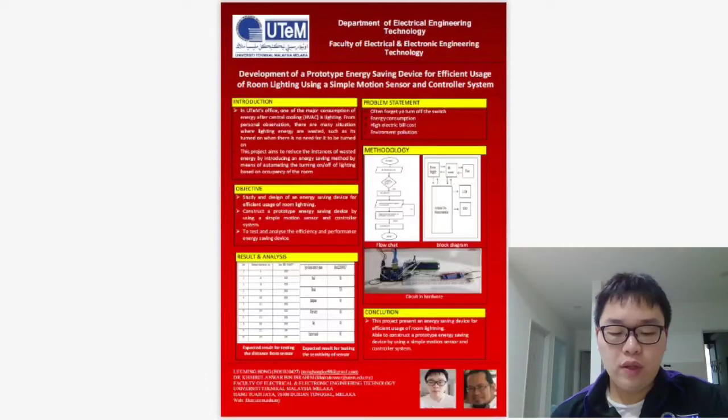The Arduino Uno will send the result to the LCD, which will display data such as the number of people in the room. When the number of people in and out is different, the LED will receive the signal from the Arduino Uno and turn on. When the number of people in and out of the room is the same, so there are no people in the room, the LED will turn off.